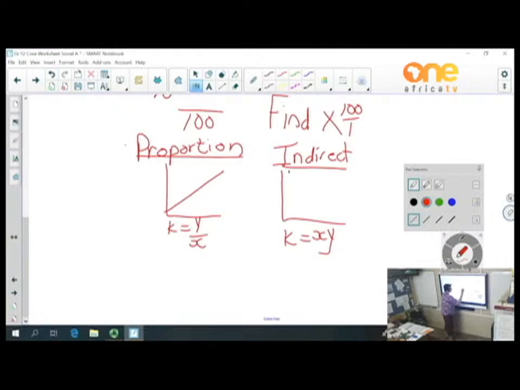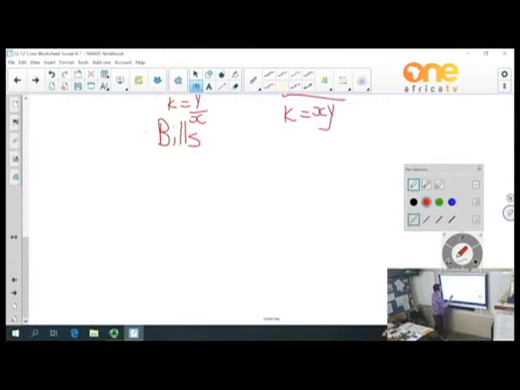And this is a hyperbola that you will get out of that. So proportion, then bills. They can ask you questions on tax and bills. And we said the percentage, then currency, converting into certain currencies, and that you will also do with missing terms.